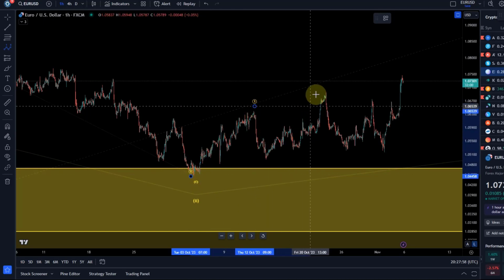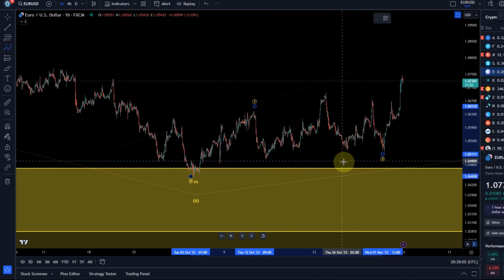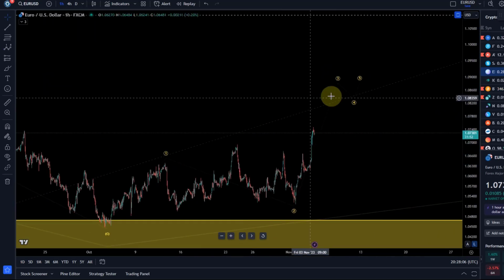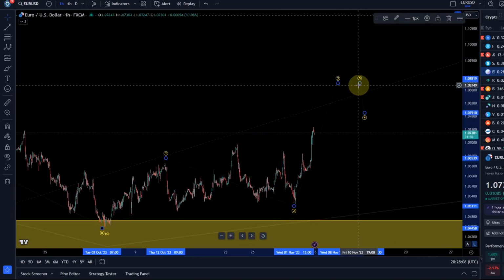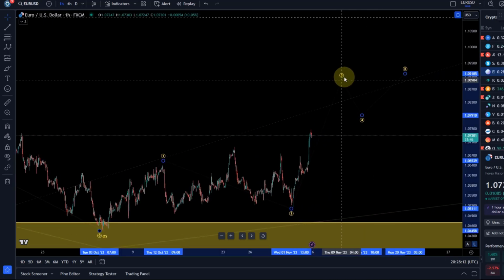And then we have a very complex corrective structure here, which might have bottomed here in a wave 2. And we could now be in a third wave, and so on. So let's label that. That also gives us our make or break point, invalidation point.